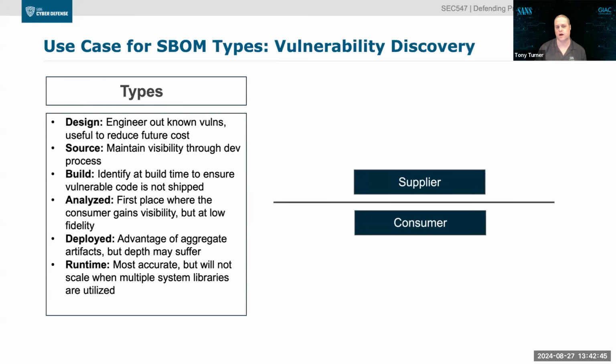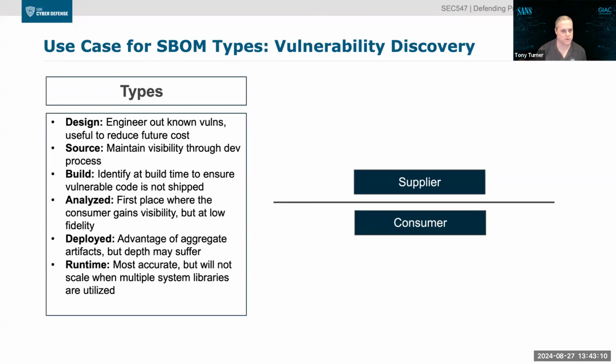It's not even a real SBOM. It's just, hey, it's theoretical, right? This is how we think we're going to build our software. This is our design. This is what's going into our software design, right? It's not real software yet, right? It's theoretical. They have source-based SBOMs, right?